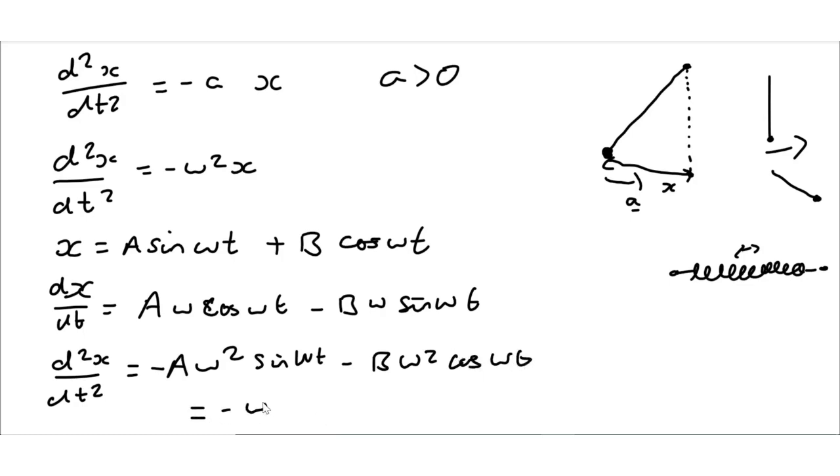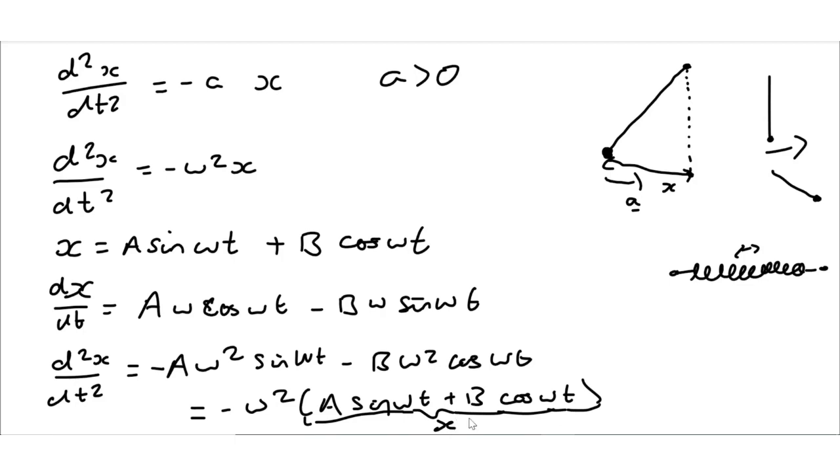Taking out the minus omega squared, then we get a sine omega t plus b cos omega t, and of course this here is x, so that's what we wanted.